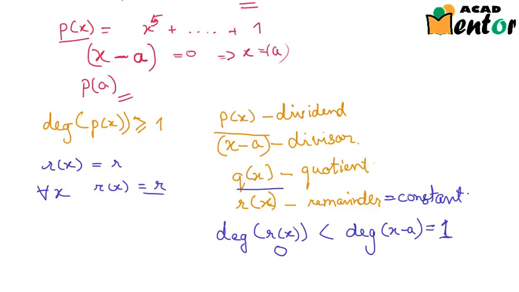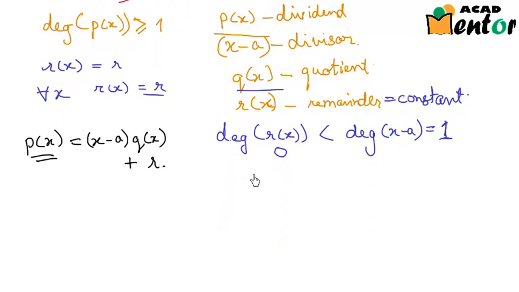Can I write this polynomial, the dividend, that is p of x, equal to divisor times, that is x minus a, times the quotient q of x, plus the remainder? Yeah, we can always write this, correct? Divisor into quotient plus remainder gives me the dividend, correct? So this can always be written.